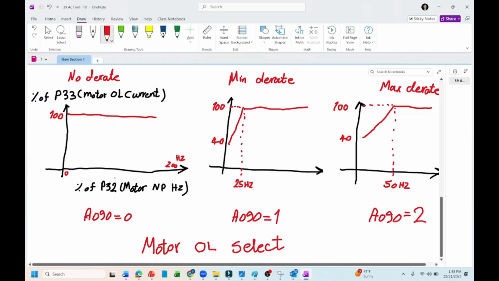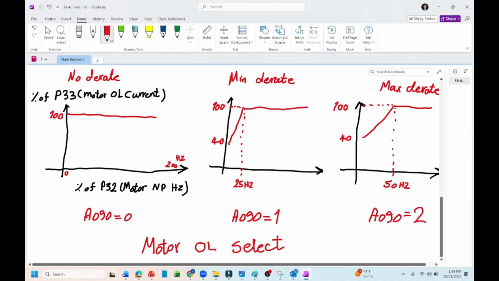If you take a look at this graph, on one side it shows the percentage of the motor overload current, which we usually give in parameter P33, and the x-axis is the percentage of P32, the motor nameplate maximum frequency that we adjusted earlier in this series of videos, which we call the max frequency that you could reach.